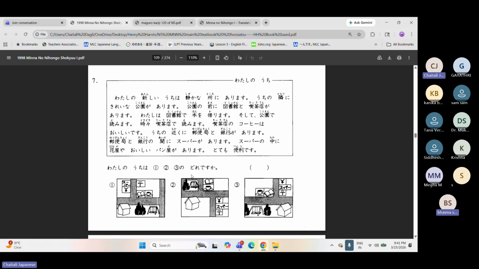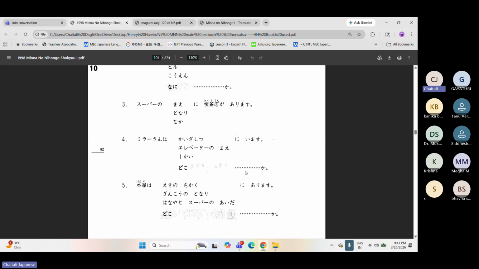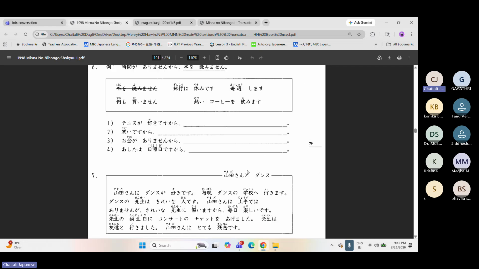मैम अब वो पिक्चर नजर नहीं आ रहा था इसलिए रह गया. Okay, so basically this is like a description of Watashi no Uchi, meaning my home. It is a description of my house or my home. So in the 3 photos, they have given you the details. So you have to select the most appropriate answer. So in the previous chapter, have you guys solved the Dokai part?